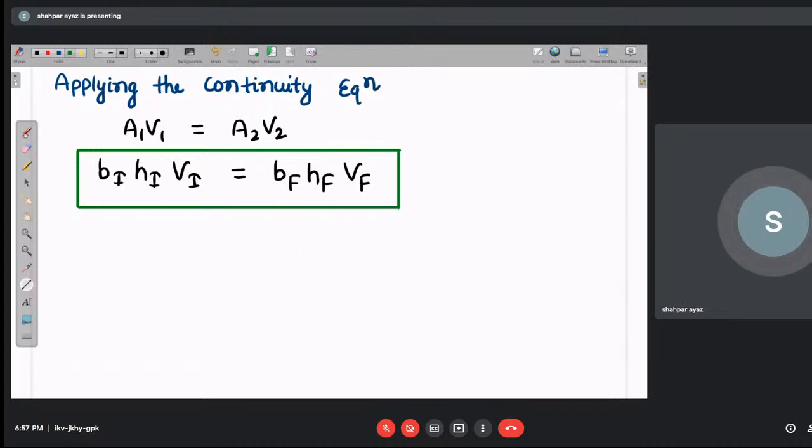Here one assumption we are taking is that the width is constant, just like in metal cutting.